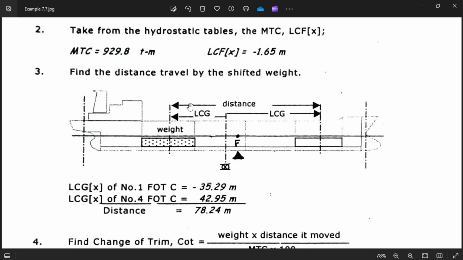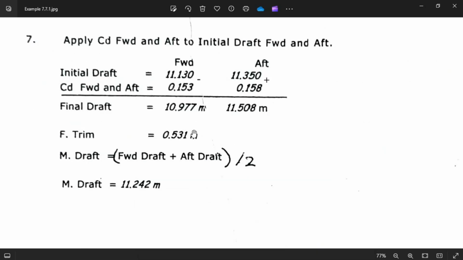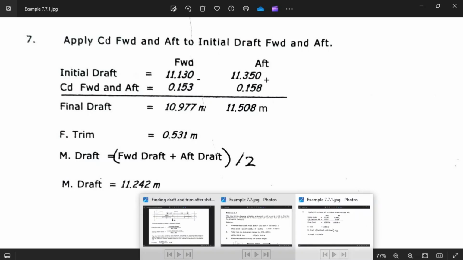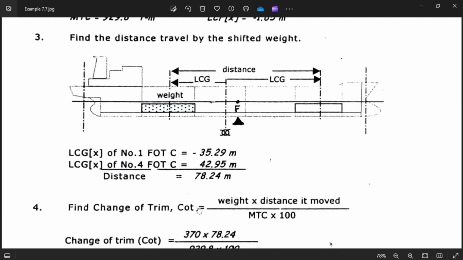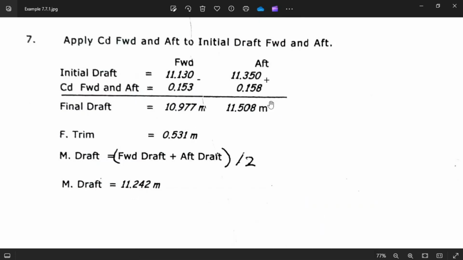Then you apply the change of draft forward, which was 0.153, and the change of draft aft, which is 0.158.